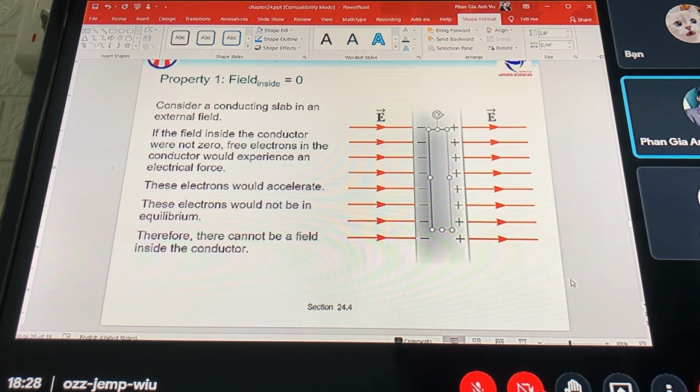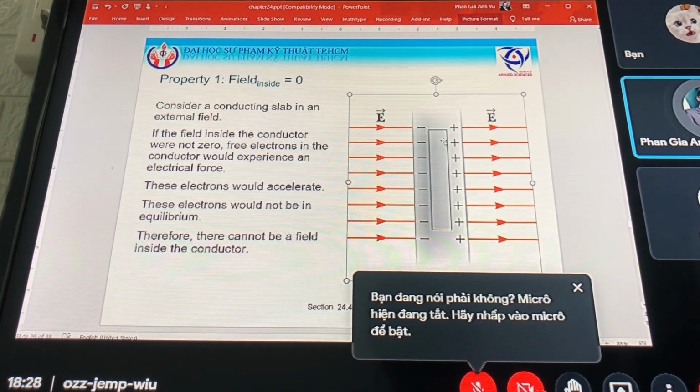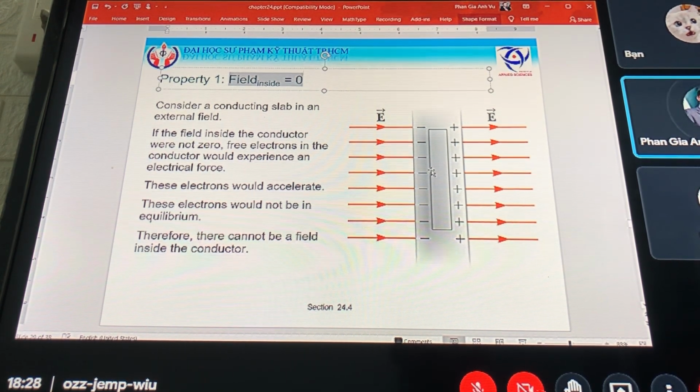What happened? According to the Gauss law, we don't have any charge inside the box, right? So the flux is zero. So we can conclude that the electric field inside the metal is zero too. Okay, so in this case we say the field inside the metal is zero.